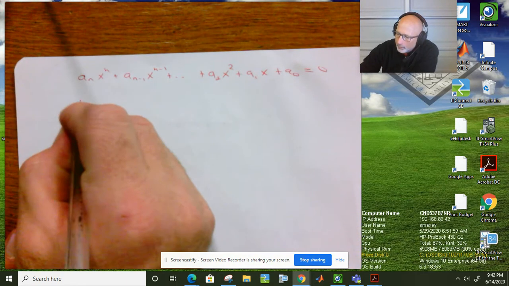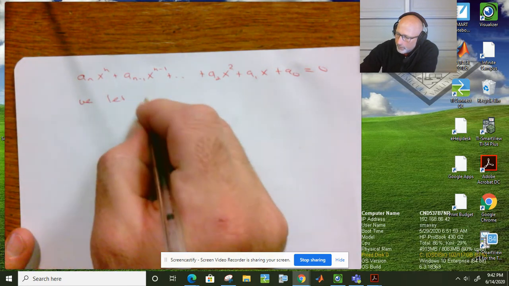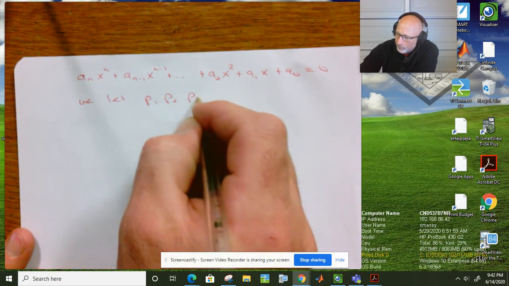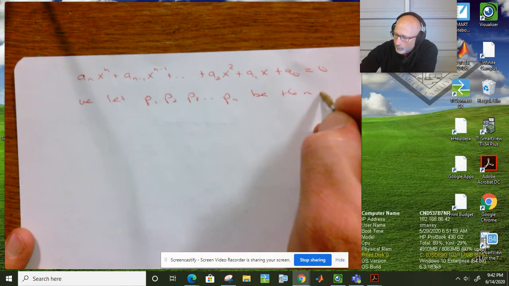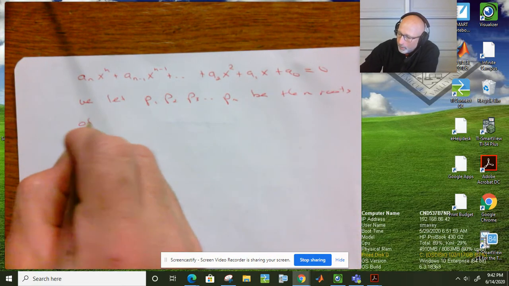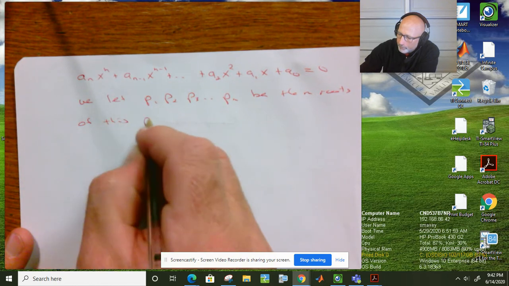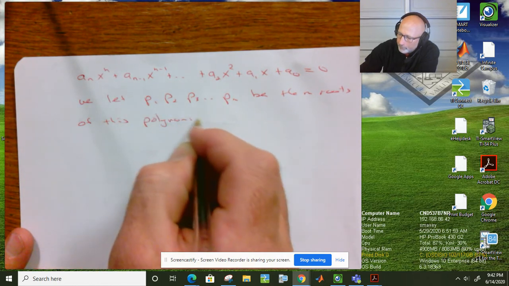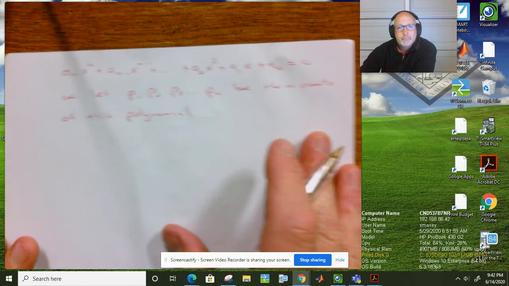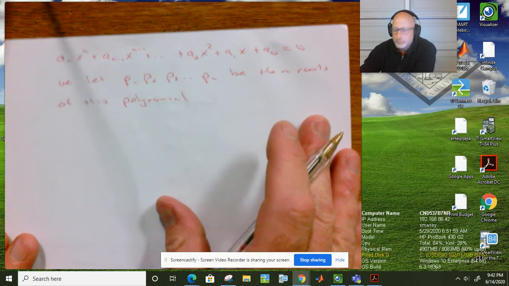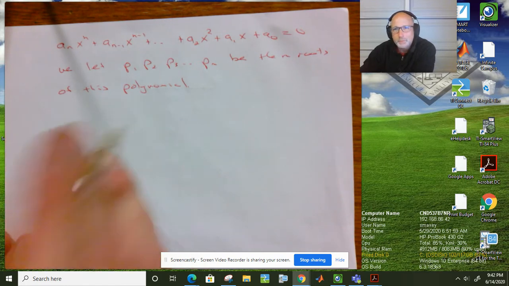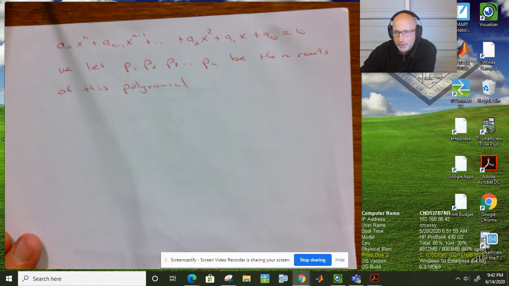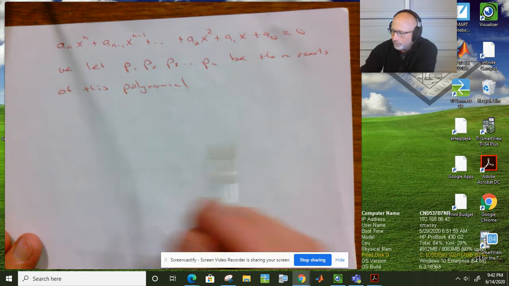And we let P1, P2, P3, all the way up to Pn be the n roots of this polynomial. So here's the formula you need to know. There are others, but I'm just going to stop at this. This is going to be the third and last one I'm going to deal with. Just know that you could make an extension going further than this.